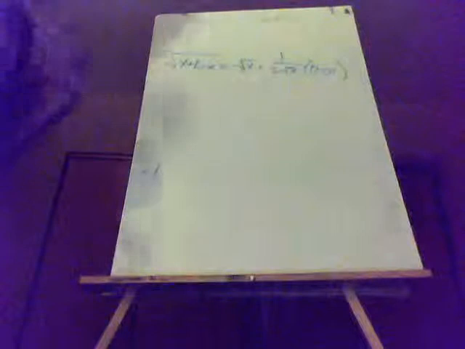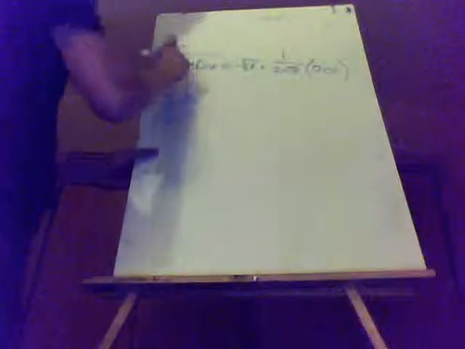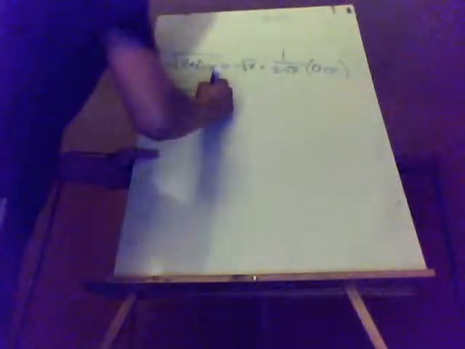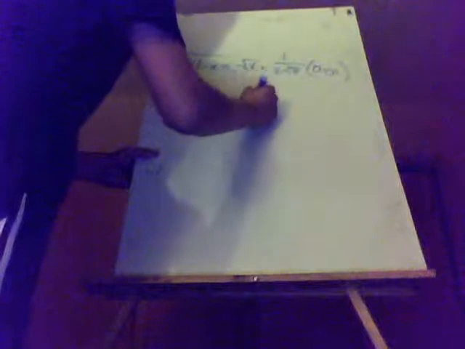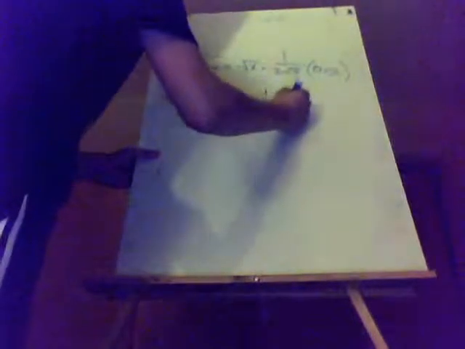Now it's just a matter of plug and chug, as we like to call it. The square root of 9.01, note 9 plus 0.01, which is delta x, is approximately equal to the square root of 9 plus 1 over 2 times the square root of 9 times 0.01.